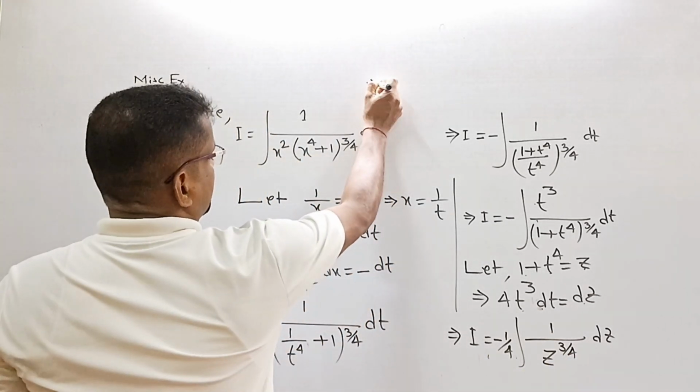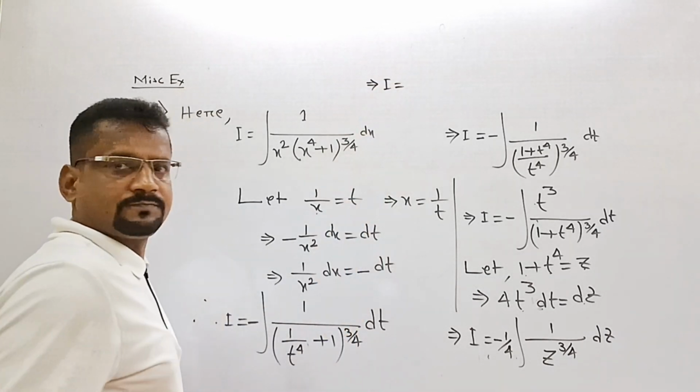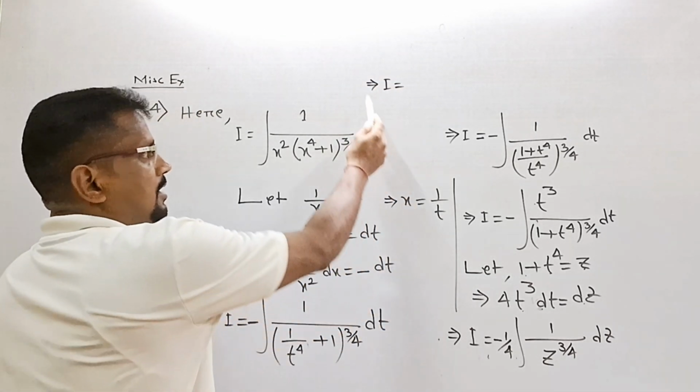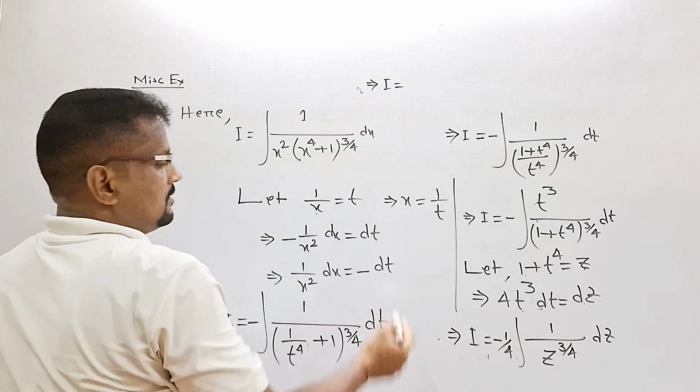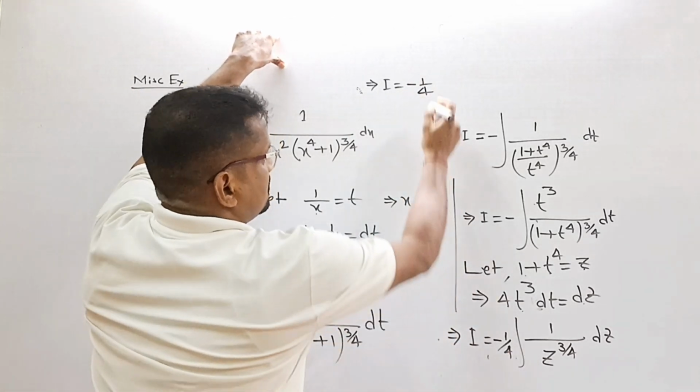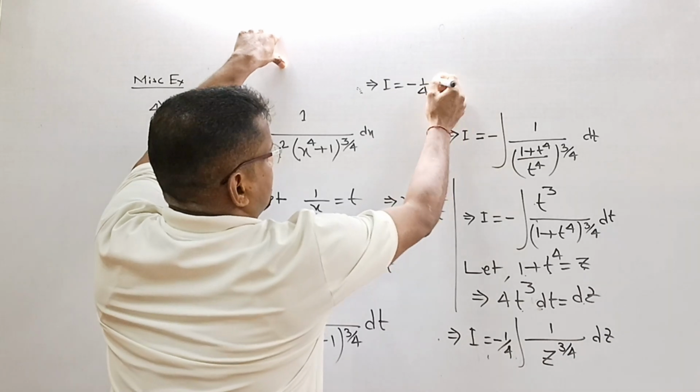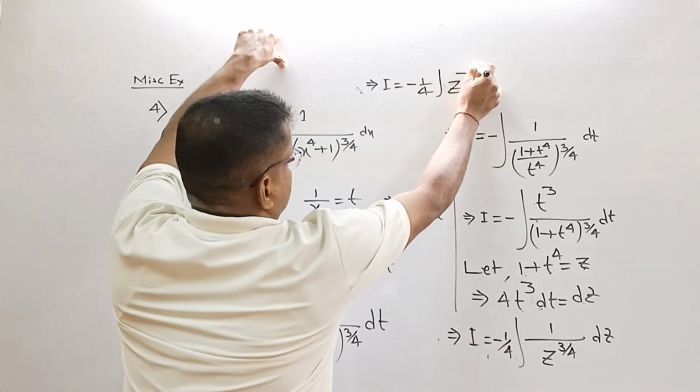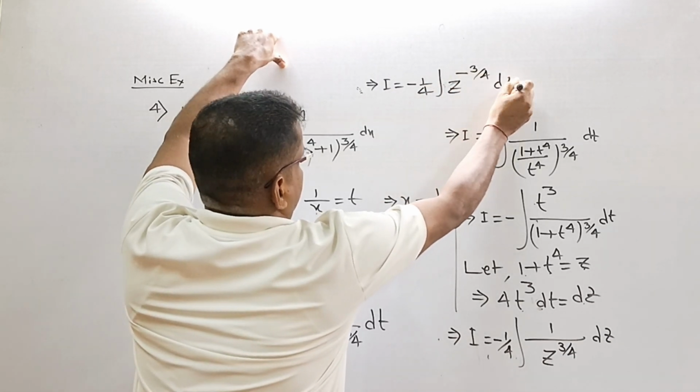Let me write here, implies I equals negative 1 by 4, integration of z to the power minus 3 by 4 dz.